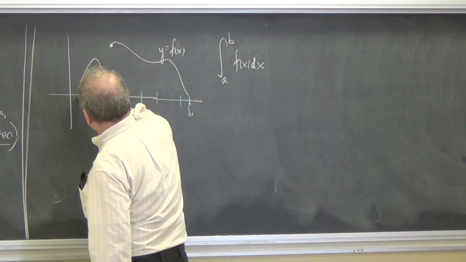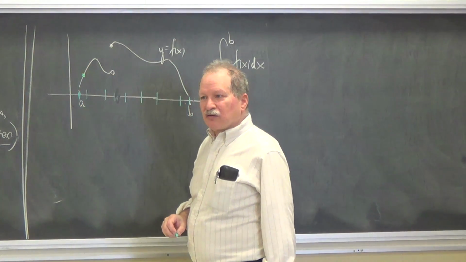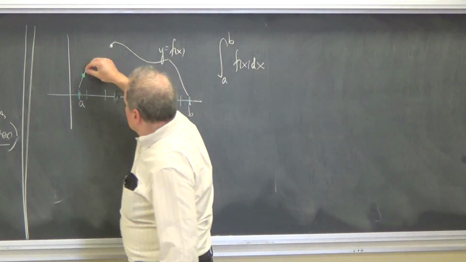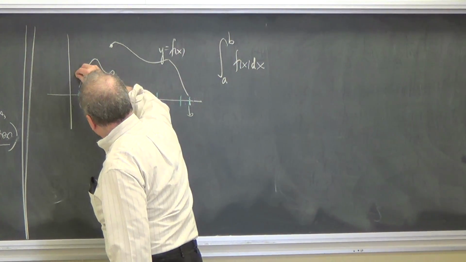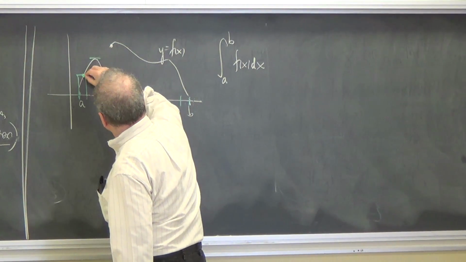On each interval, you're going to take the max of the values, or the sup, because there may not be a max. And you're going to make a rectangle with that height. So here, on this next interval, you would have this.